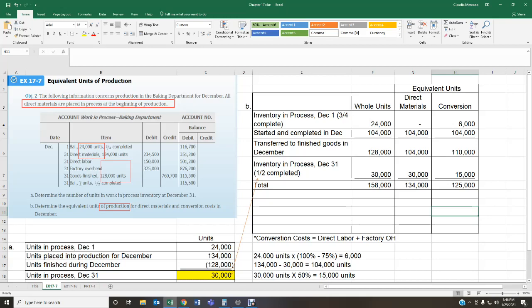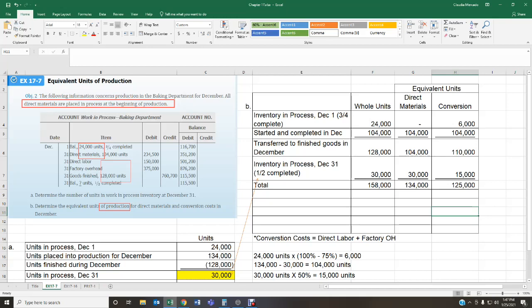The only issue that I foresee here is the direct materials. Students get confused. You're going to add materials to your started and completed and your ending inventory the month that it's placed in production. So if you placed the goods in production this month, you're going to charge all of your materials this month, regardless if you finish it or not.